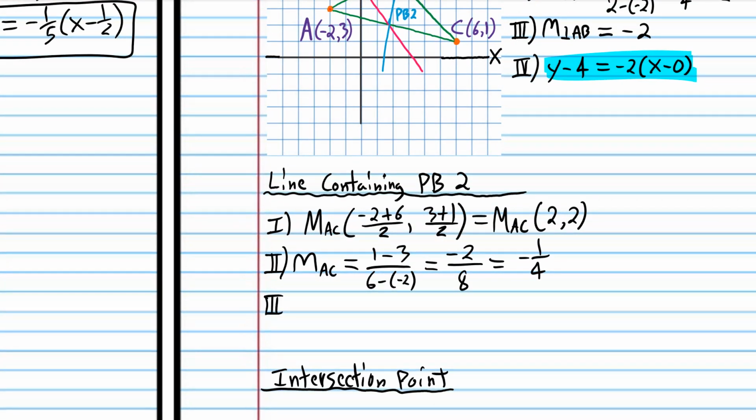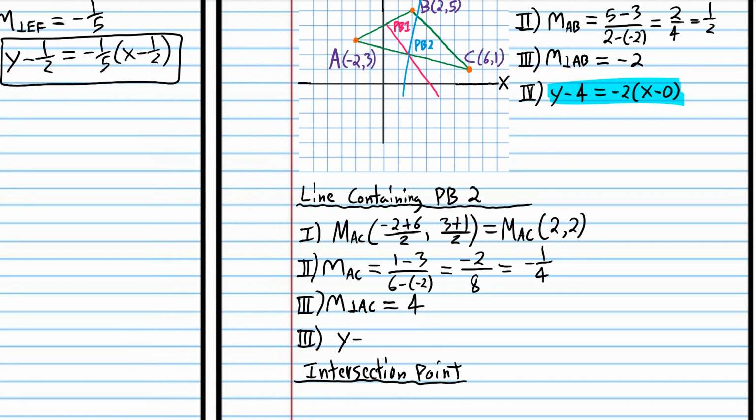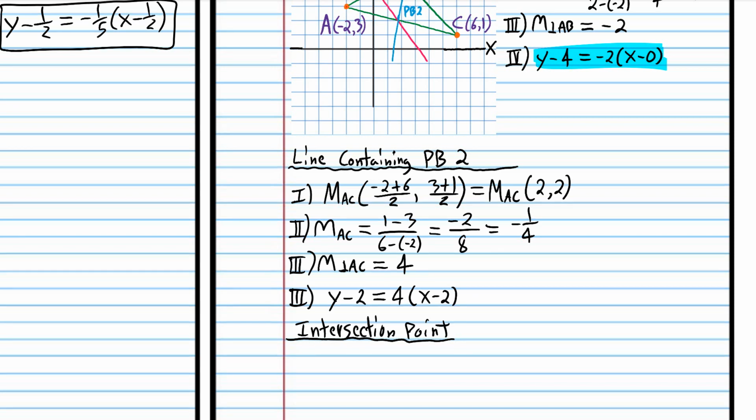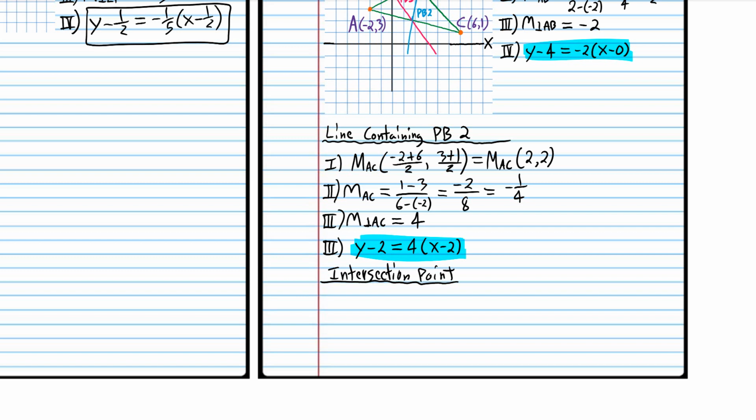So now the slope of the line that is perpendicular to AC, that's the slope we're looking for, so we flip and switch the sign and we get 4. And now finally the equation using the midpoint as our point, 4 times x minus 2. And that is our equation. And the good news is we don't have any fractions in those two equations. So now to find intersection points is going to be a lot easier.